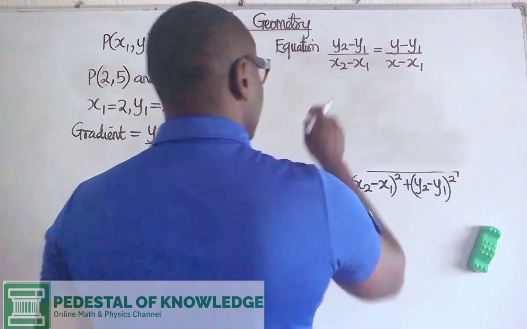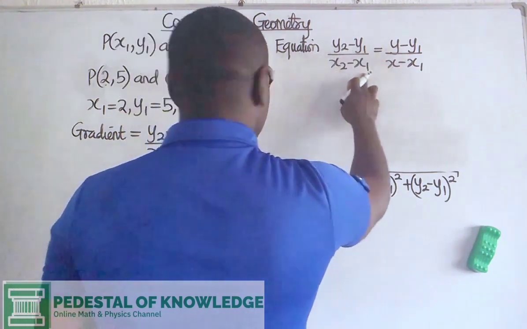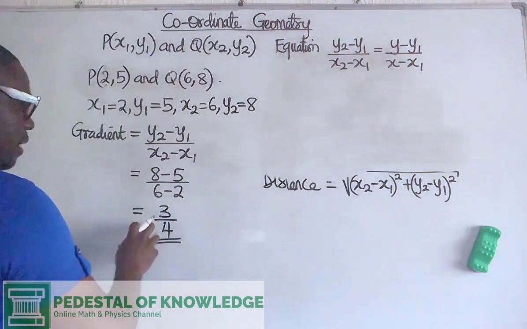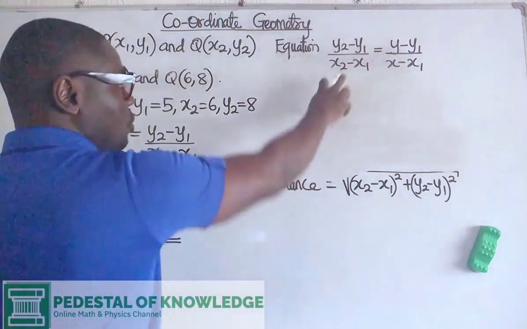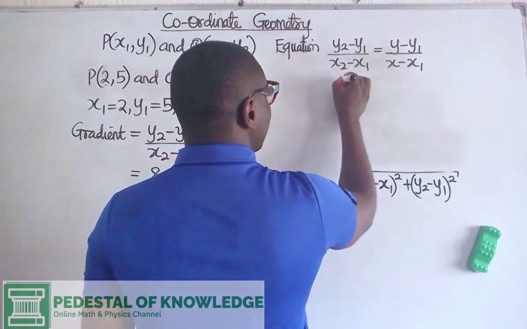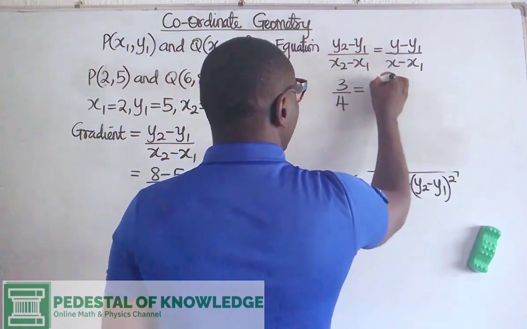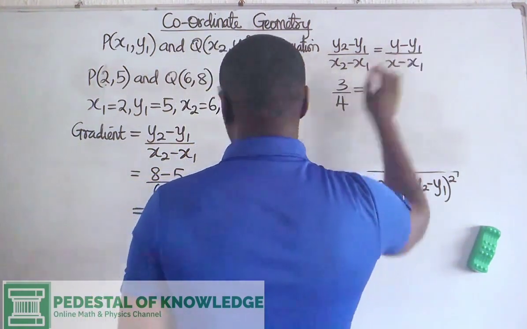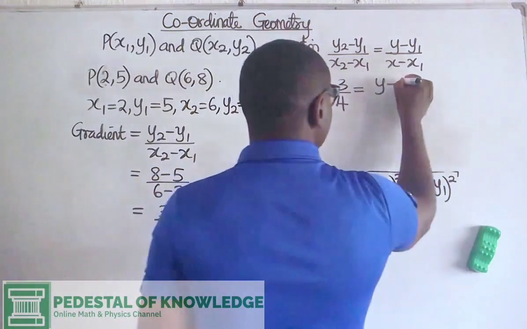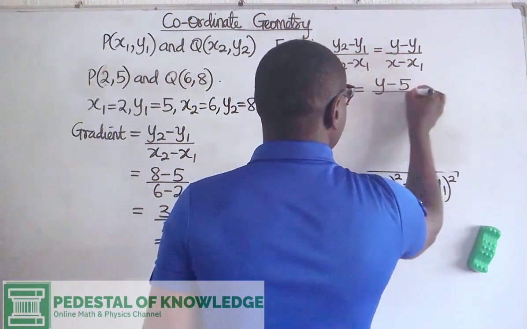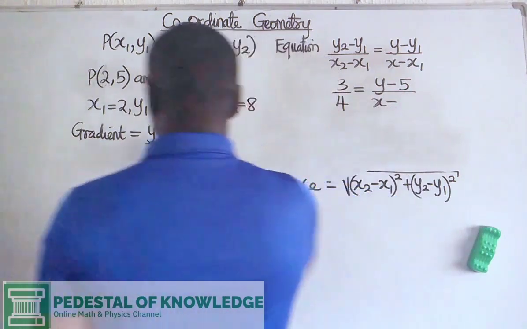But remember that (y2 minus y1) over (x2 minus x1) is the gradient, and we have gotten the value as 3 over 4. So we're going to substitute the value there. So we're going to have 3 over 4 is equal to y minus y1, which is 5, divided by x minus x1, which is 2.